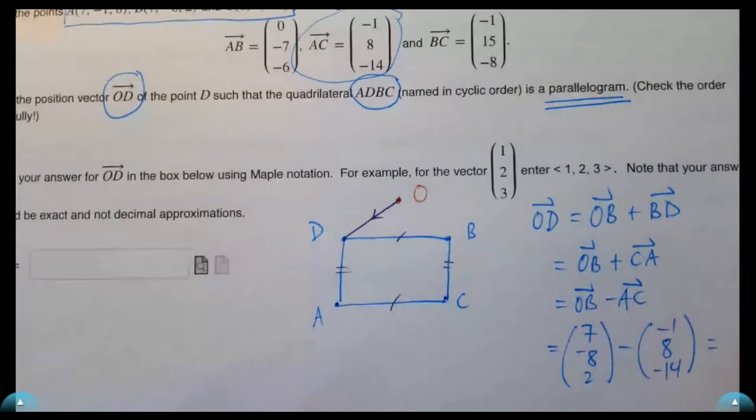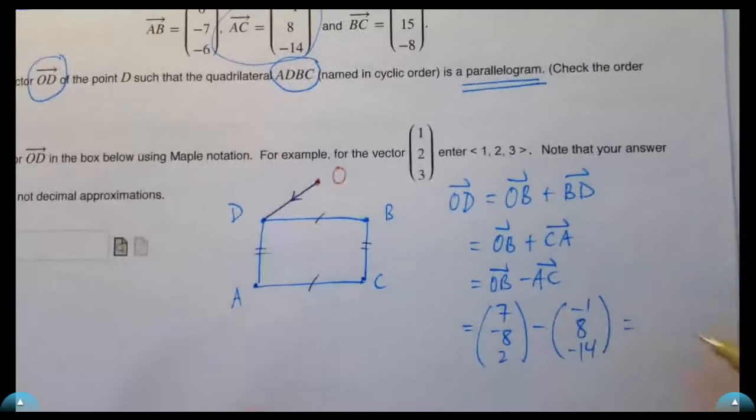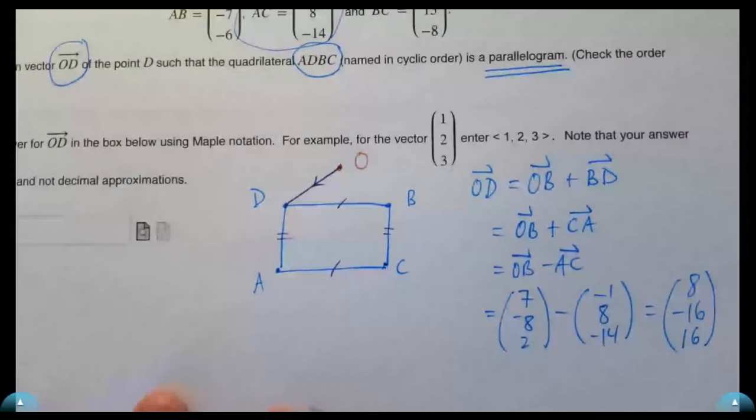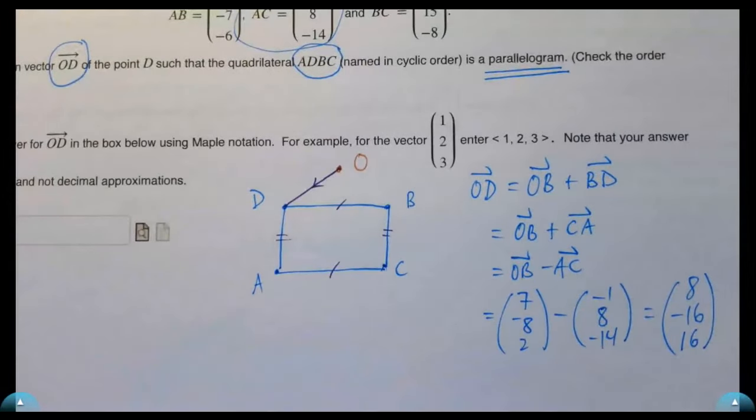Let me just push that over a bit. So we've got something like 8, negative 16, and 16. So you would go to your box and just write that in as a vector.